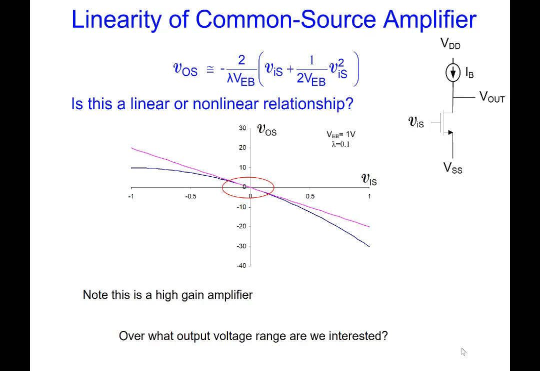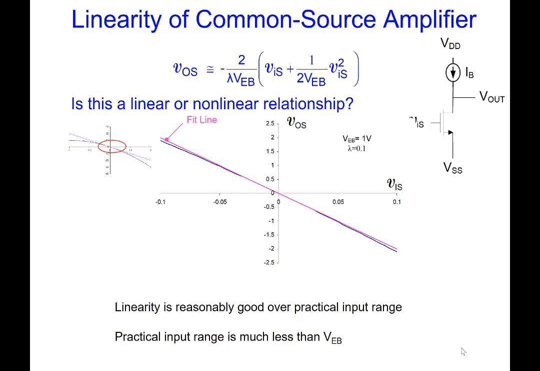So we can ask the question, over what output voltage range are we really interested in? And we see that if you have a fairly high gain on the amplifier, you're really only interested in the input that's equal to the output swing you want divided by the gain of the amplifier.